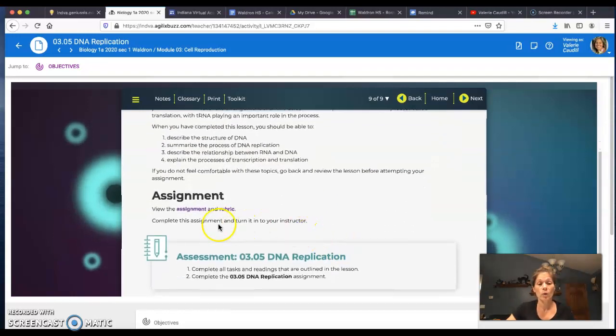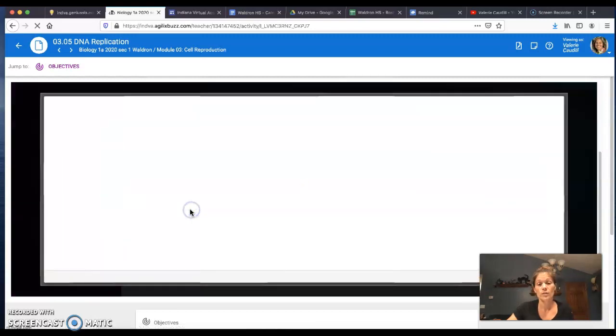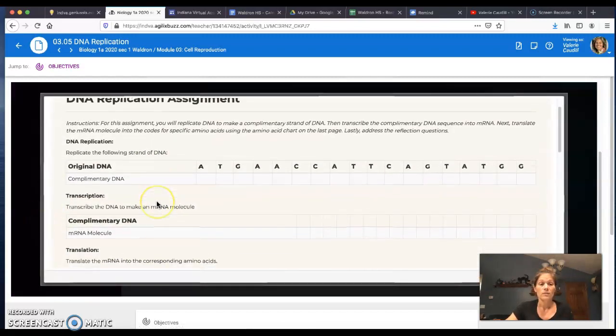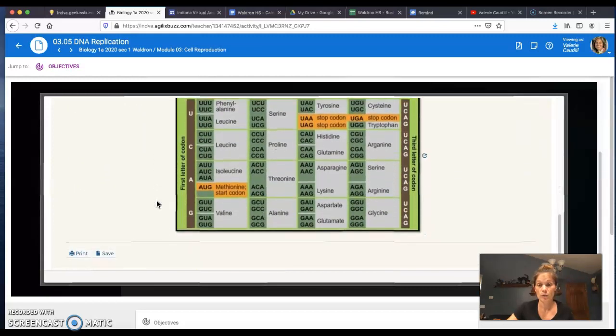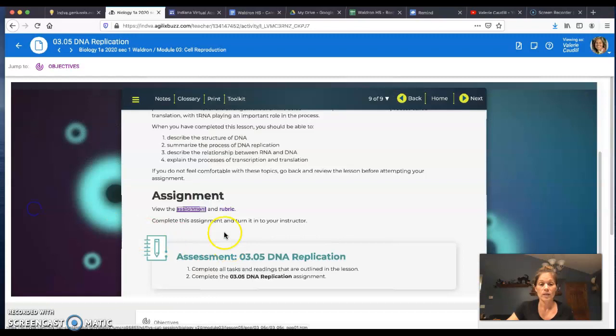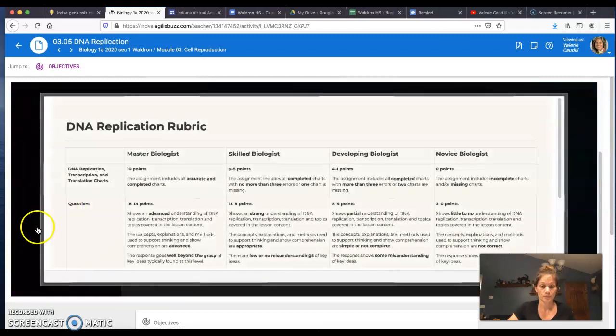Okay, so as always, we have the link here to the assignment. And there is your template of what you will use for this assignment, and we have our grading rubric.